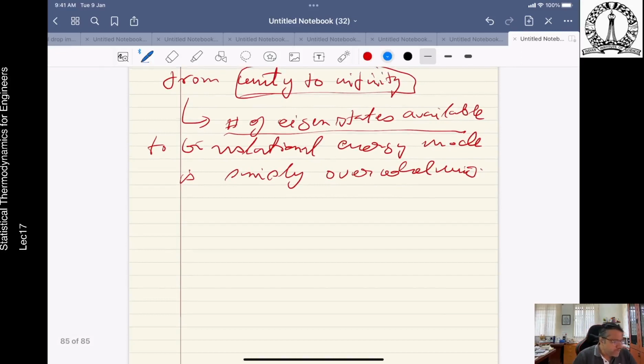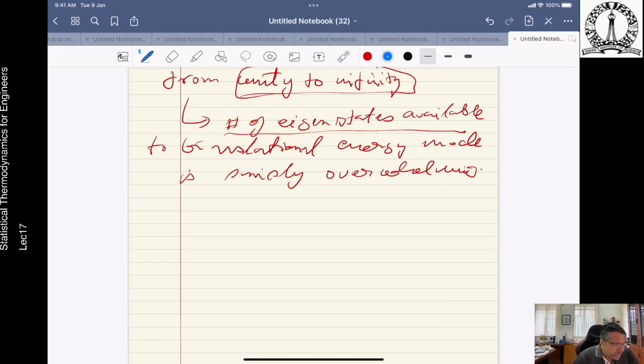And we know that n varies from 1 to infinity, and the energy levels are like the eigenvalues, whereas the energy states correspond to the states represented by these quantum numbers, corresponding to independent eigenstates of the problem.